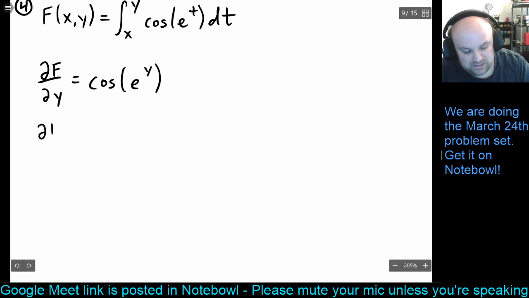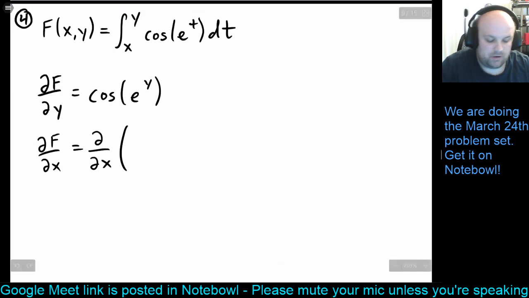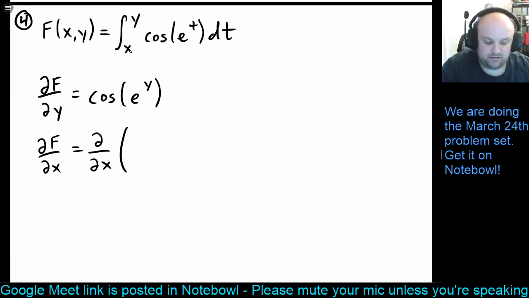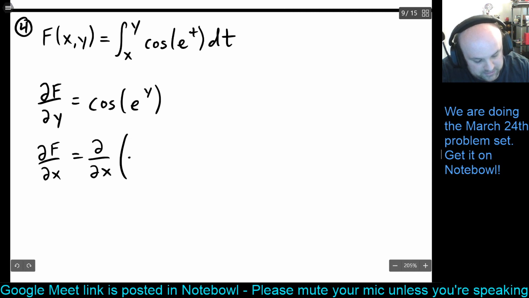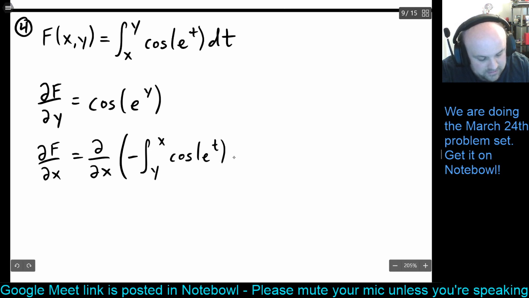When we want to do this derivative with respect to x, our variable is in the wrong spot. It's in the bottom instead of on the top. To fix that, we just flip it over. So this is negative, integral from y to x of cosine of e to the t dt.